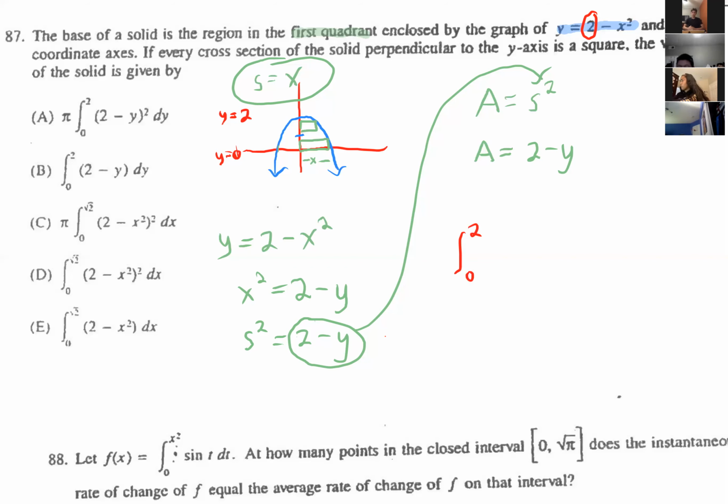That's the y coordinate of the vertex. Then you add up the area of each cross section, which is 2 minus y. This is with respect to y. So my answer for number 87 is B. Make sure you read the question carefully. I did not do that the first time. I missed where it said first quadrant.